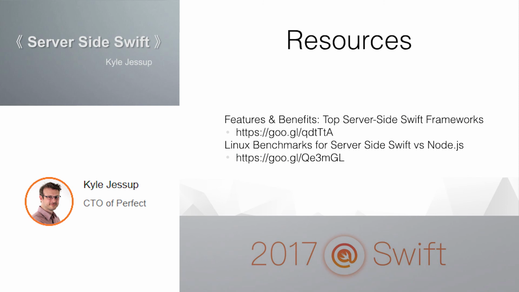Resources. There are a few good articles written about performance and features. We perform better, if I say so myself. There are good articles written by a nice individual there, comparing server-side Swift frameworks, Kitura, Perfect, Zewo as well, against Node.js, which is a very interesting article.